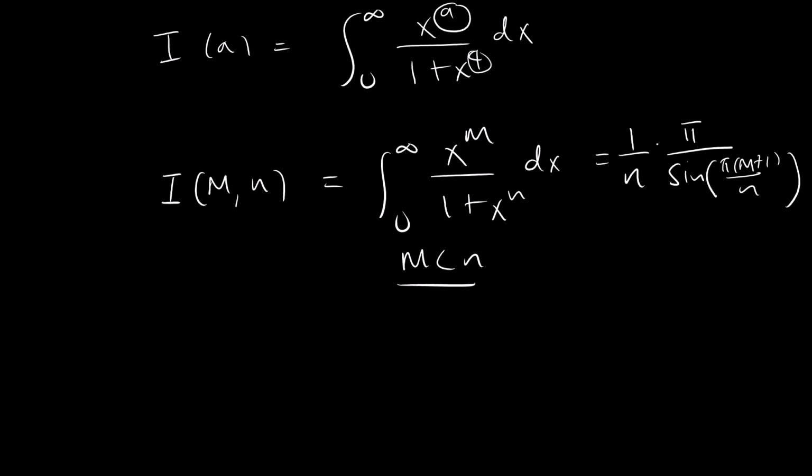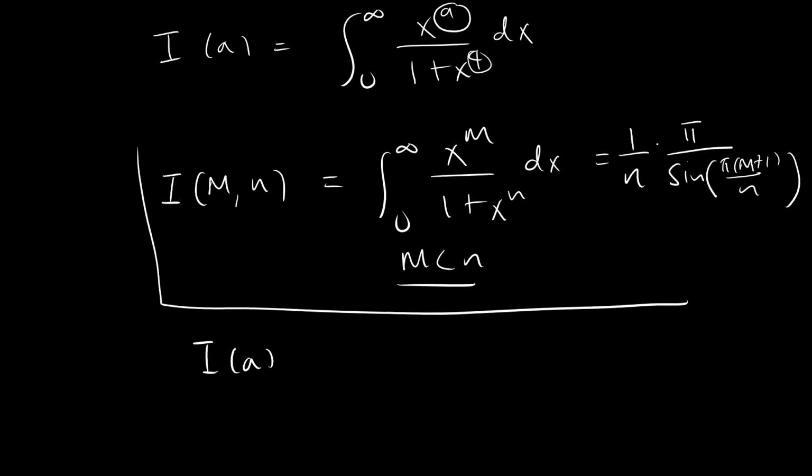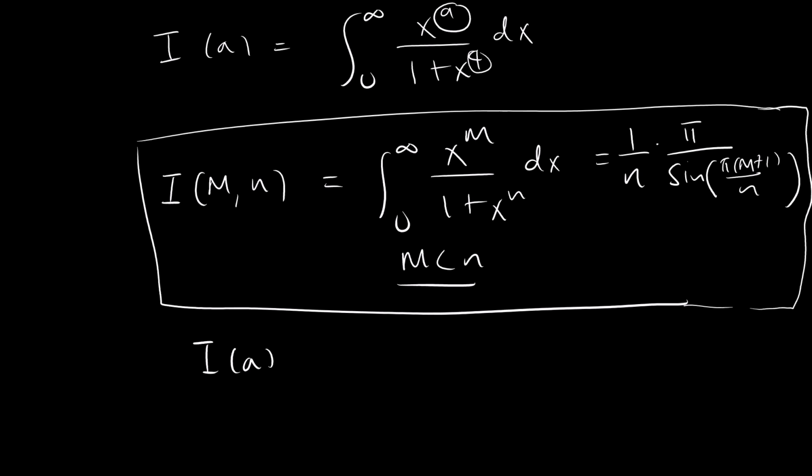So in other words, I of a, using this relation here, is going to be equal to 1 over n, and n in this situation is 4, so 1 over 4 times pi over the sine of pi times (a plus 1) divided by 4.